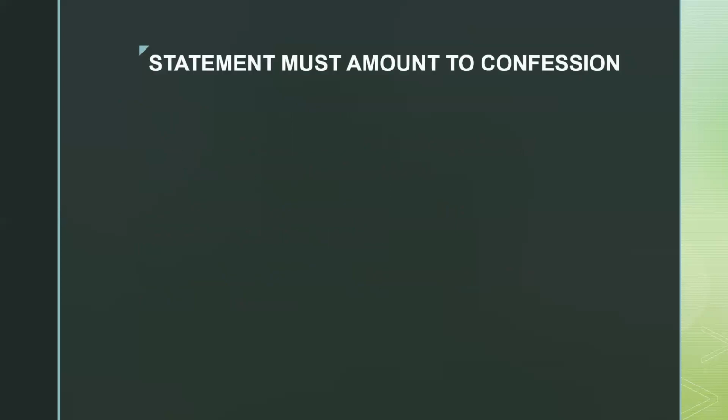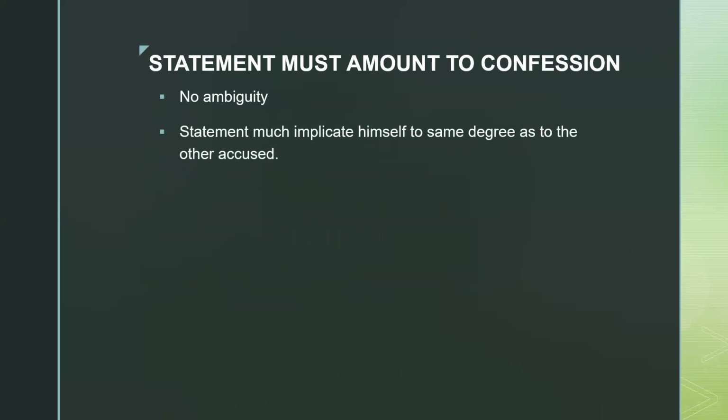Next is statement must amount to a confession. First of all, there should not be any ambiguity in the confession. The statement must implicate himself to the same degree as the other accused. The person making such confession must implicate himself to the same degree or proportion as the co-accused.